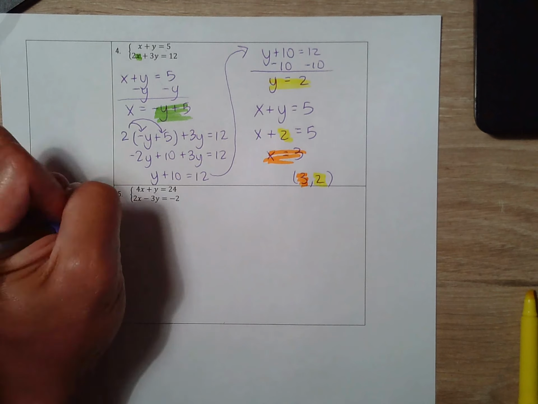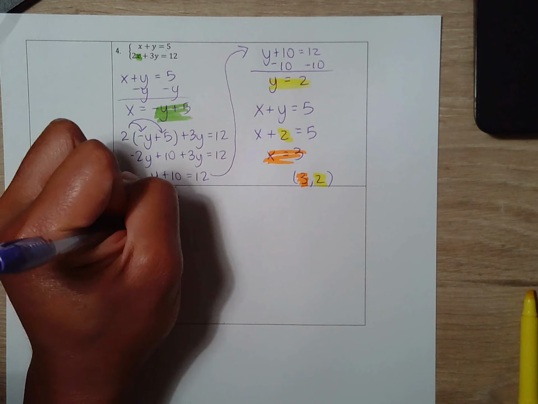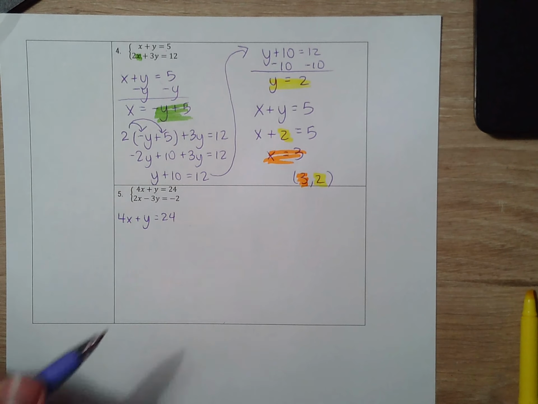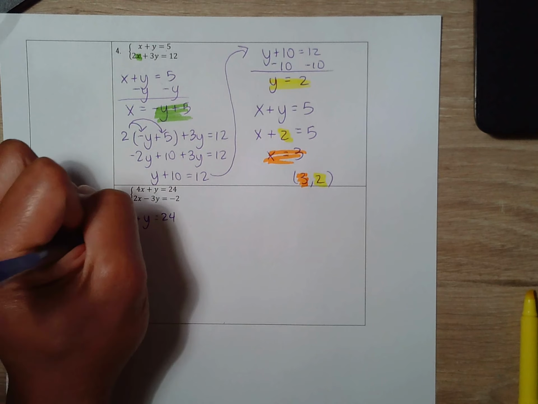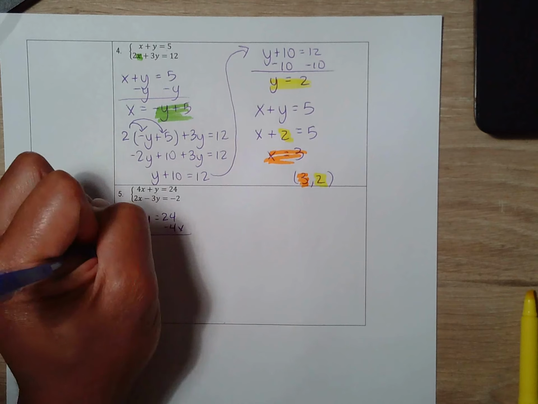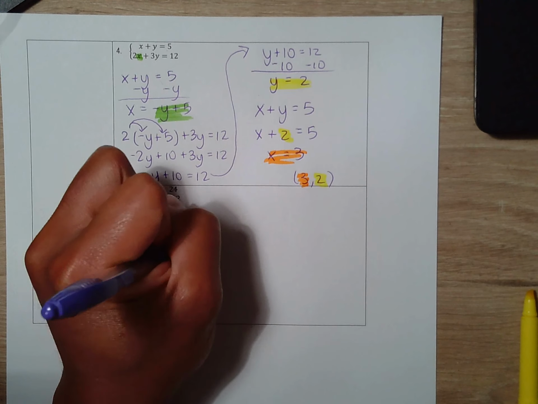And that one step, well, let's just rewrite this out. 4x plus y is equal to 24. Now, if I just subtract 4x from both sides, I have my y solved for. Minus 4x, minus 4x. We get y is equal to negative 4x plus 24.